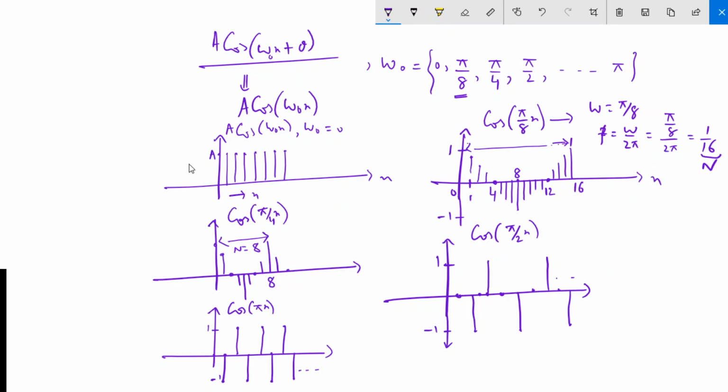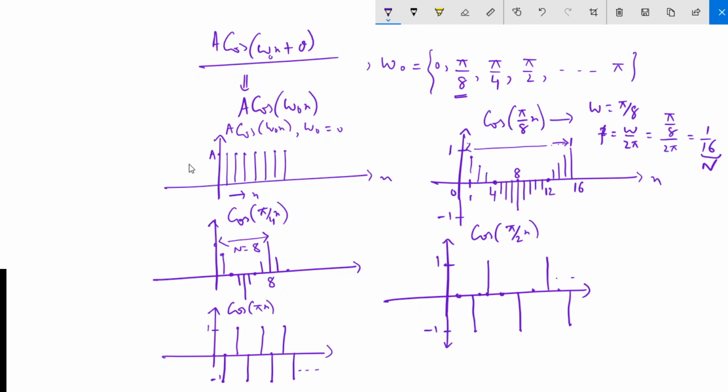So this is the maximum rate of oscillations that you can have in a discrete signal when the frequency is equal to pi. So the signal fluctuates simply between 1 and minus 1. So there are rapid oscillations. This is the highest frequency signal.